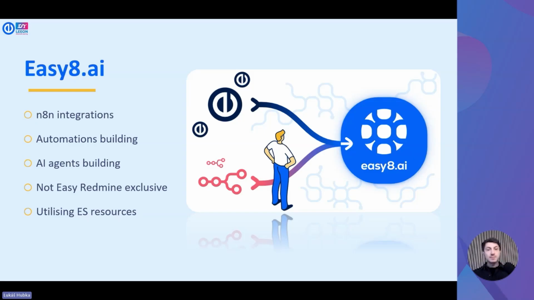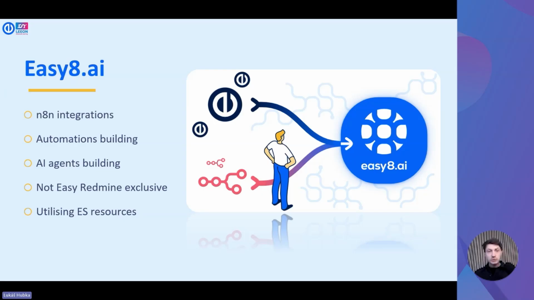Now, they are not only building custom solutions with Easy Redmine in the ecosystem, they are also working on projects unrelated to Easy Redmine, with the side benefit of bringing all that knowledge back to build up Easy Redmine further. It's our commitment to project management as a discipline, because simple project management tools won't be enough in a few years. They'll need to have these extra values, and Easy8 is our way of bringing that extra value.